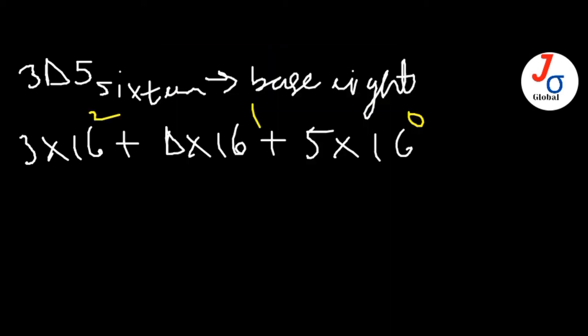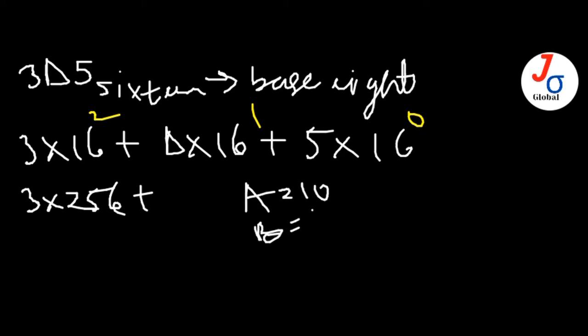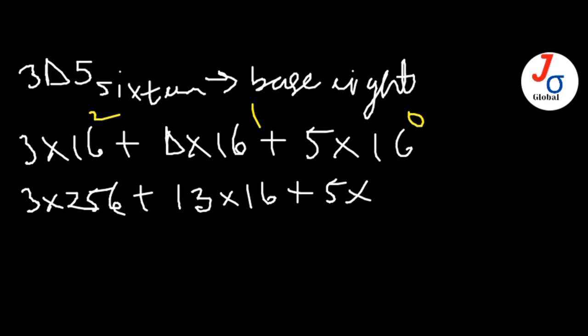So 3 times 16 raised to the power of 2, which is 256, plus D. What's our D? A is 10, B is 11, C is 12, and D should be 13. So D is 13. That's 13 multiplied by 16 to the power of 1, which is 16, plus 5 times 16 to the power of 0, which is 1.